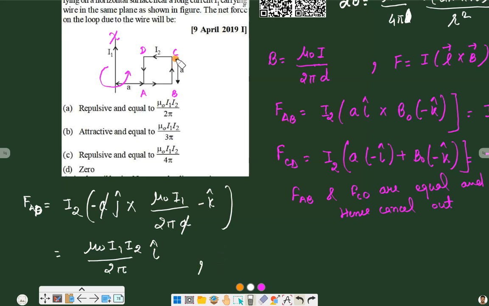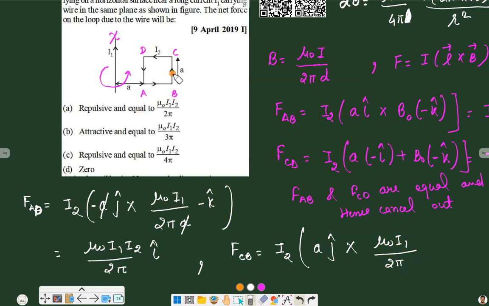For the remaining part, that is CB, FCB, it will be, current is I2, direction of current is changed, so it will now be in the positive Y direction. So A J cross mu node, magnetic field will stay the same, 2 pi.